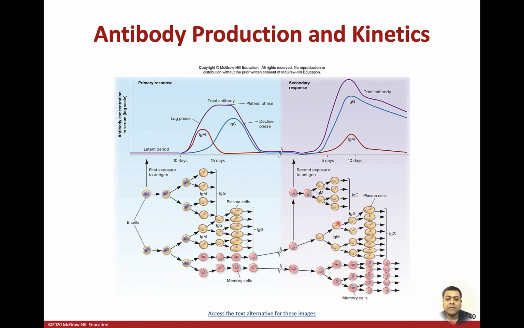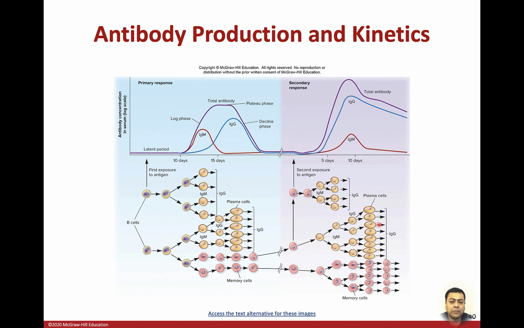But see what happens in the very first place: immediately upon exposure, you also produce these memory cells right here. Some of the B cells from your initial exposure will convert into memory cells. On your second exposure, your memory cells will produce this IgM, immediately switch into IgG, and quickly produce IgG in a very, very rapid amount.